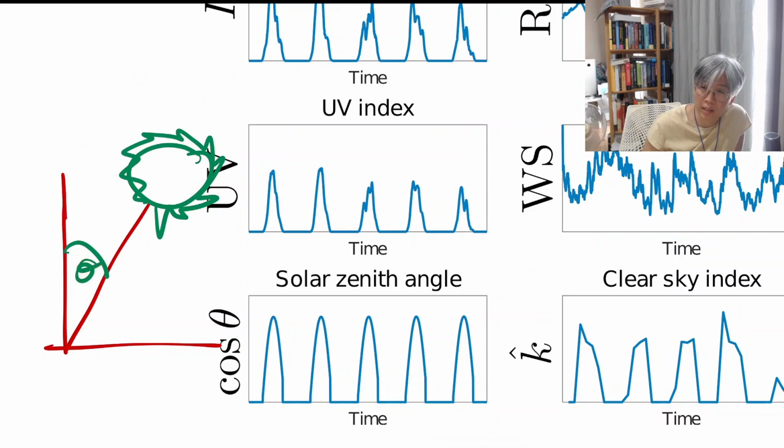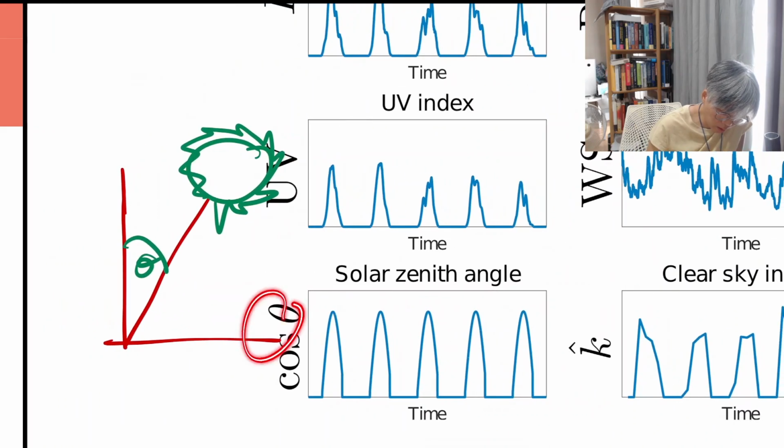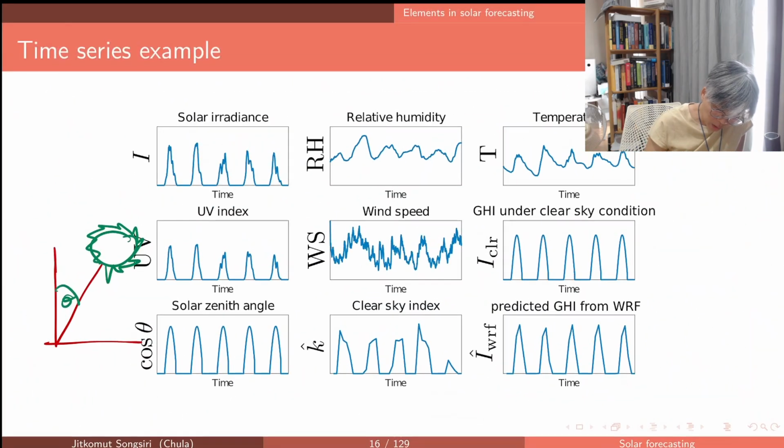This is called solar zenith angle, but it typically is reported as the cosine theta. So at noon, when the sun is here, the cosine theta is at maximum. And around 90, which is in the morning or in the afternoon, it would be 0, and entirely 0 at night.